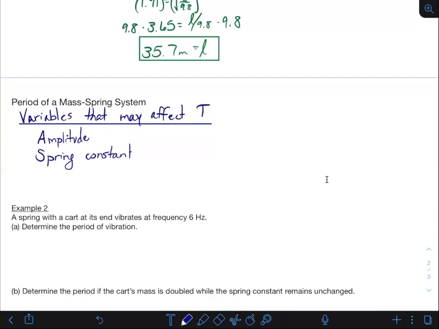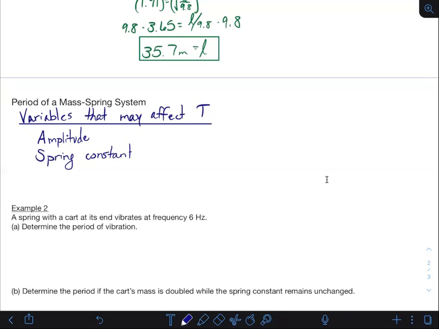So again, if we wanted to in class, we could perform these 3 different experiments, and we would find that amplitude does not seem to affect the period at all. So much like in a pendulum, amplitude and period have nothing to do with one another.